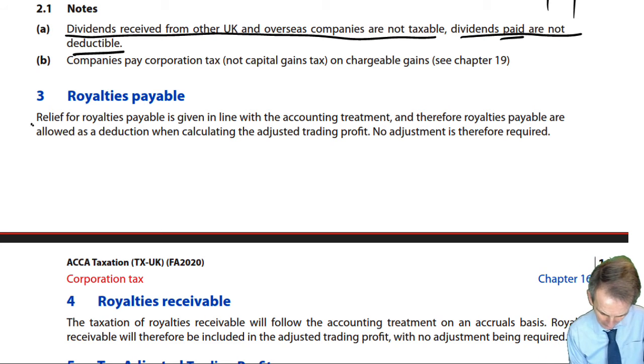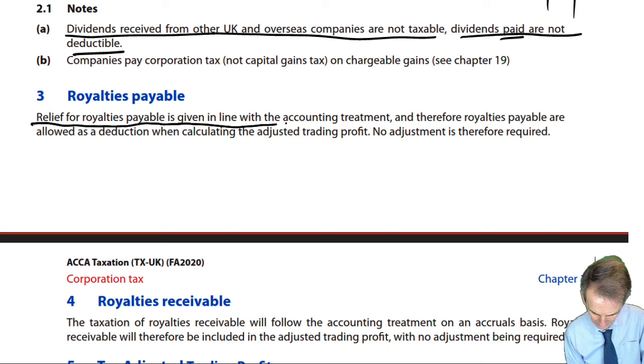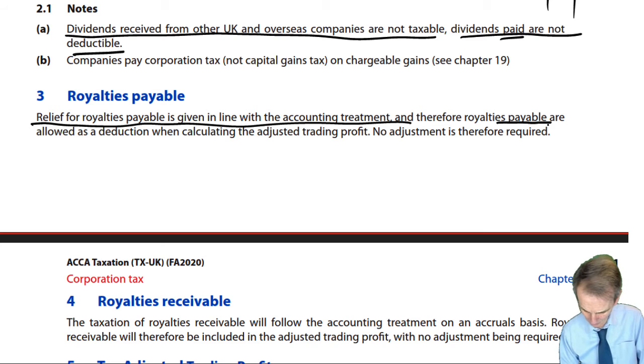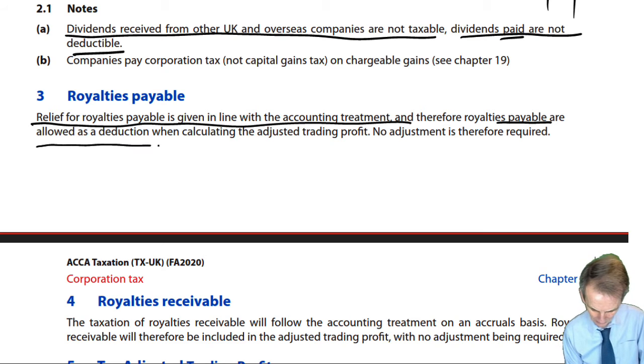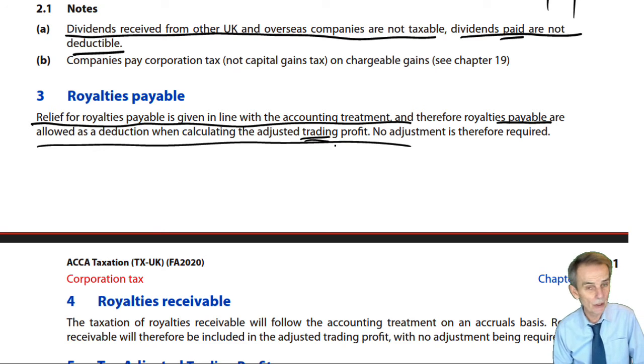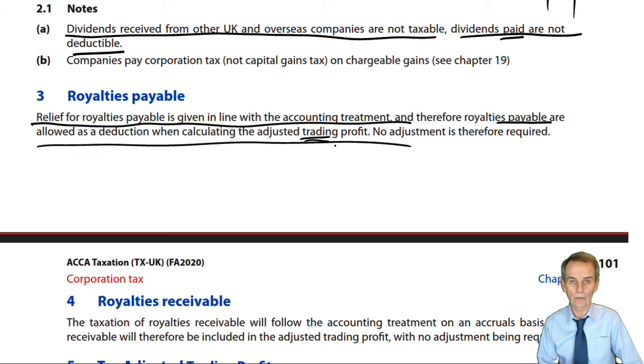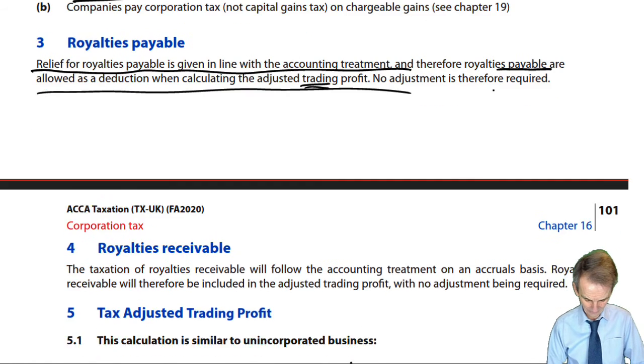Therefore, royalties payable, relief would be given in line with the accounting treatment, so again on a payable basis, and they would be allowed as a deduction when calculating the adjusted trading profit. So there's no add back, no adjustment required. That is a trading profit expense that we've incurred.